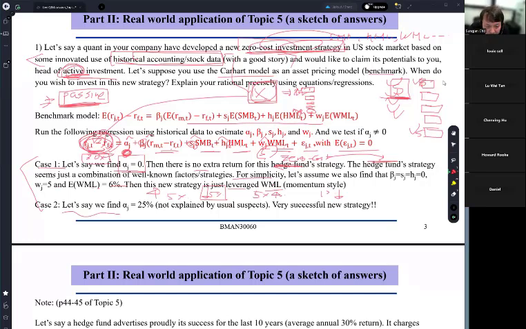Now, let's say we find alpha is equal to 25%. This is not explained by all other factors. Then this zero cost investment strategy is a really new, very successful strategy. When some people found out the value anomaly, they actually implemented it in real practice.